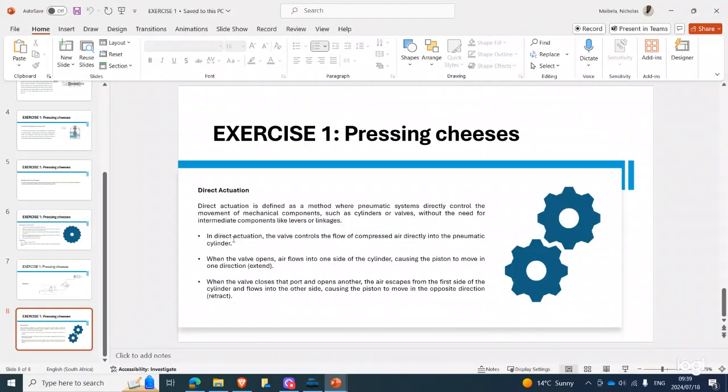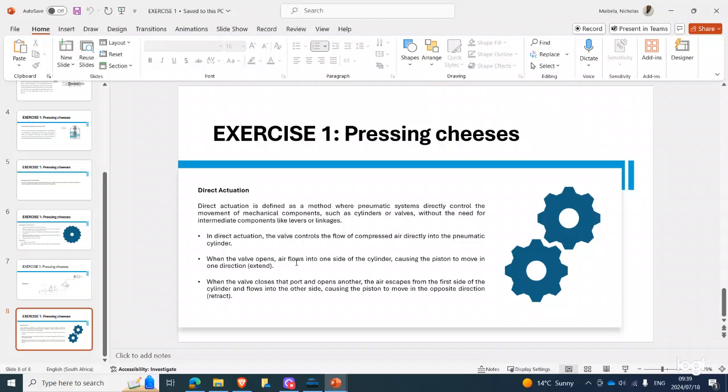In direct actuation, the control valve directs the flow of compressed air directly into the pneumatic cylinder. The air doesn't flow through any other components before it goes to the cylinder.